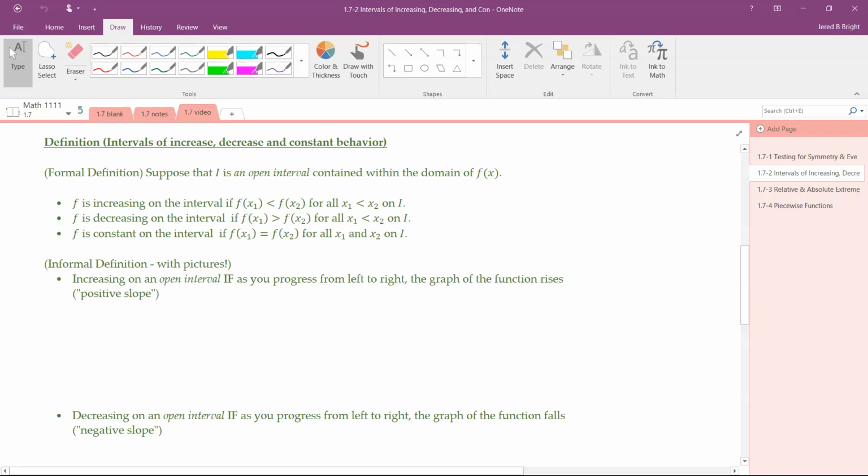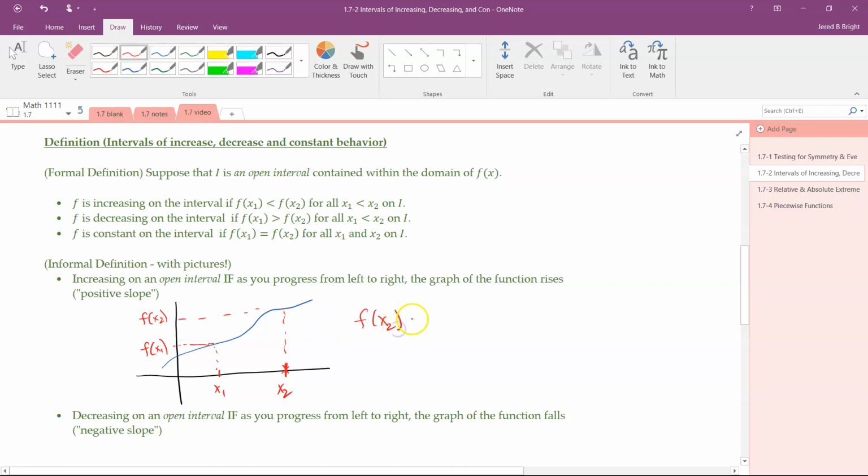Informally, imagine here's your graph, and you have a function like this, and so you might have x1 here, x2 there, and then you look at their associated y values, which we would call f of x1, and this one would be f of x2. We can see here that f of x2 is bigger than f of x1, and so that fits our definition of increasing.